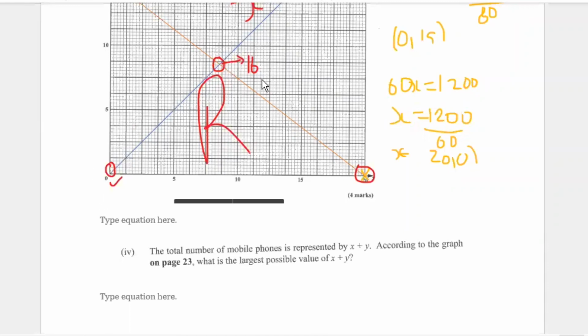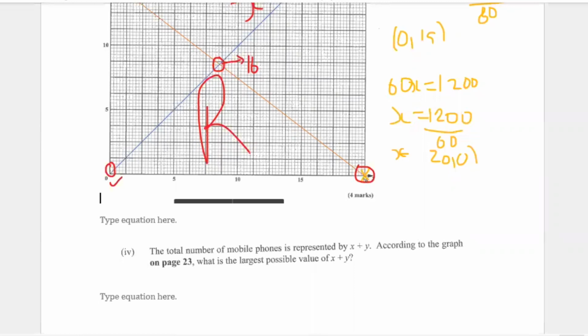We identify the 3 vertices, and looking at the sum of the x plus y coordinates from those vertices, what would the total be? In this case, this one here would have given us 20 plus 0, which is 20, the largest possible value of x plus y.